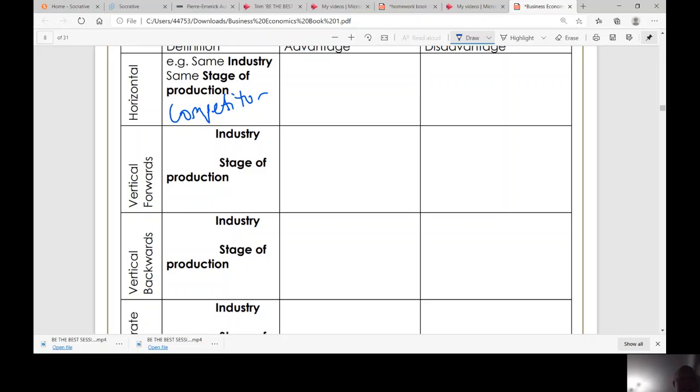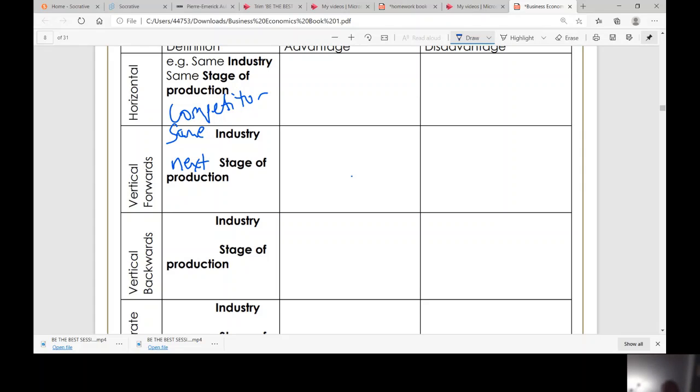Vertical forwards is same industry at the next stage of production, so within the supermarket market, Tesco buying one of its customers. Not a good example. Better to think of that example of Whitbread buying a hotel.